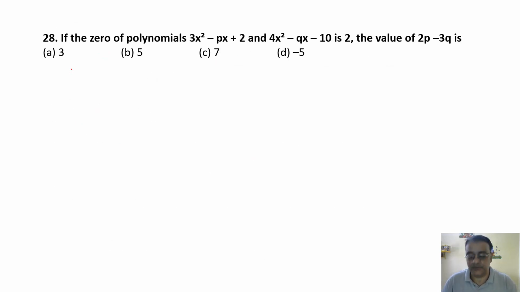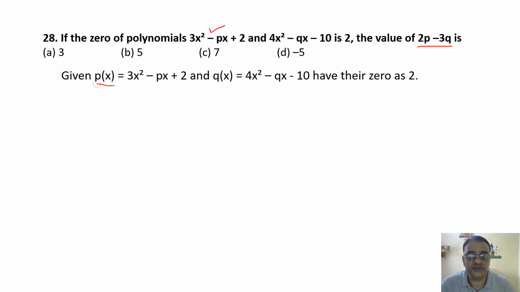If the zero of polynomial 3x square minus px plus 2 and 4x square minus qx minus 10 is 2, the value of 2p minus 3q is dash. So first we will substitute 2, since 2 is the given zero. Suppose we take this as p of x and this as q of x, then p of 2 is equal to 0 and q of 2 is equal to 0, from which we will get p and q.